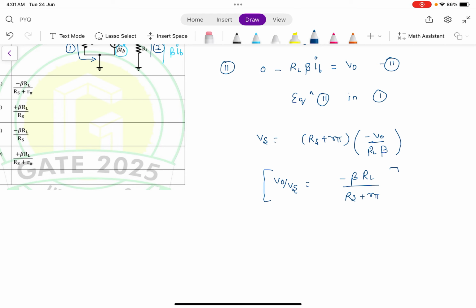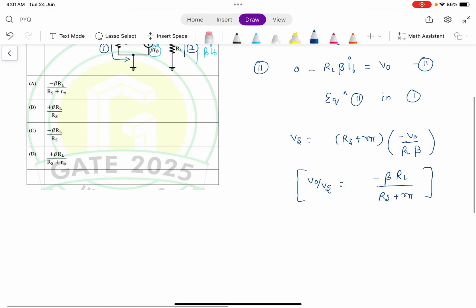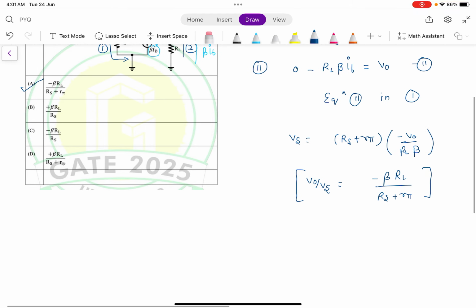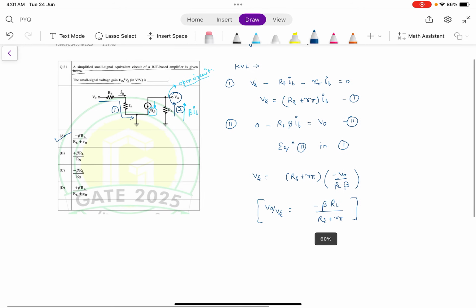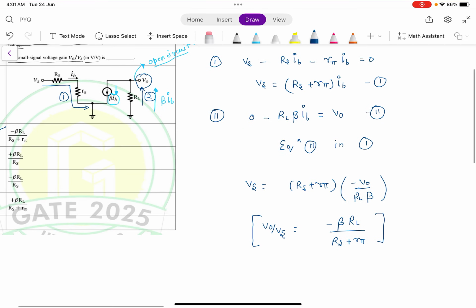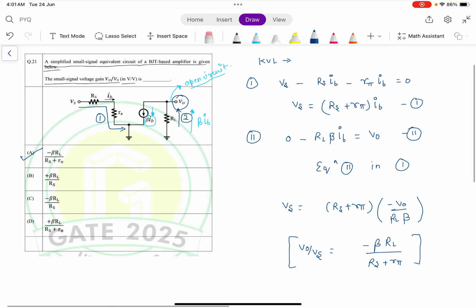So which option is correct? Option A is correct. This question only shows the toughness of the circuit, but nothing is used other than KVL.